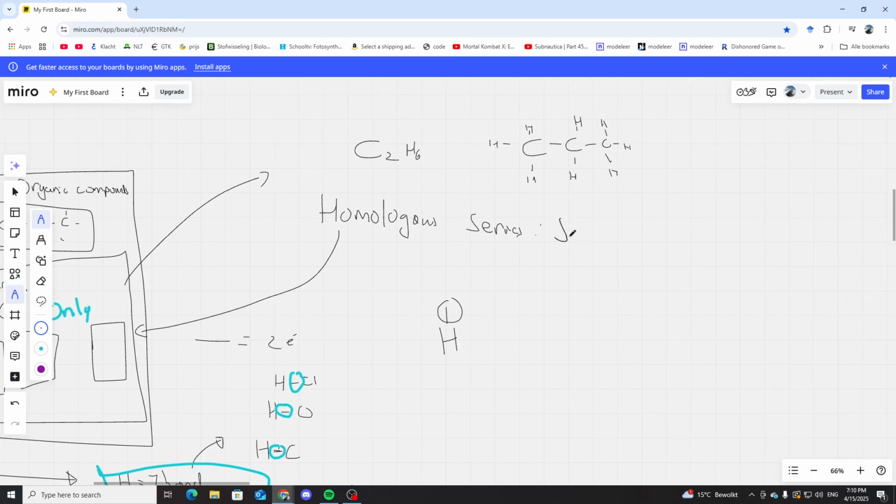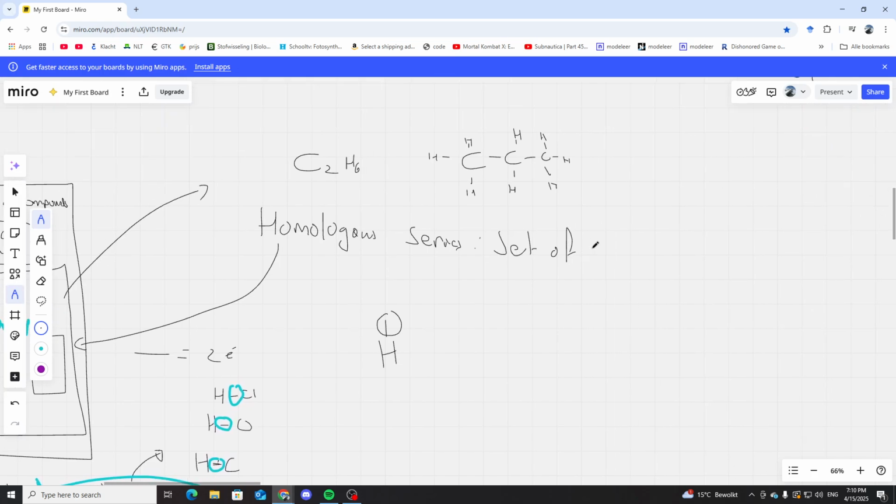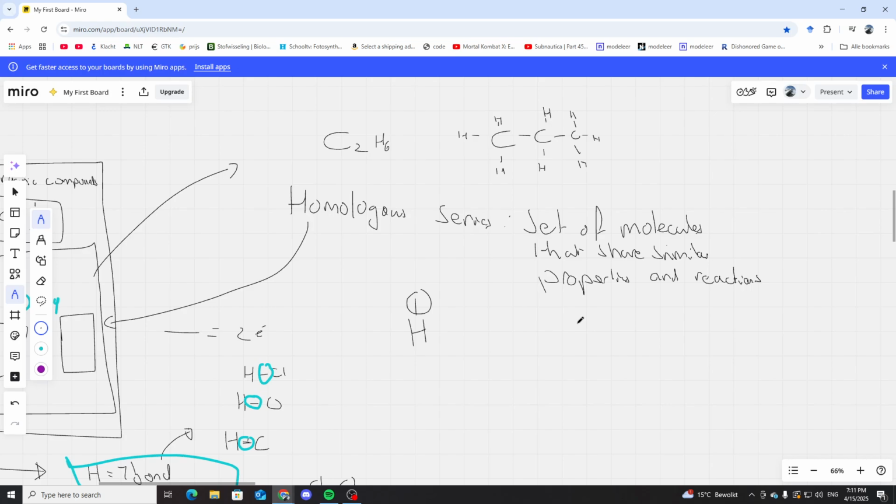It means a set of molecules that share similar properties and reactions. So a homologous series is simply a set of molecules that share similar properties and react in a similar way.